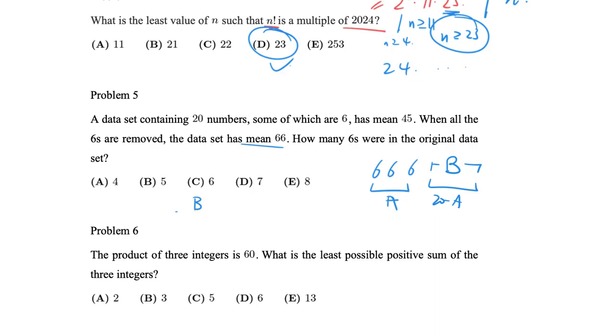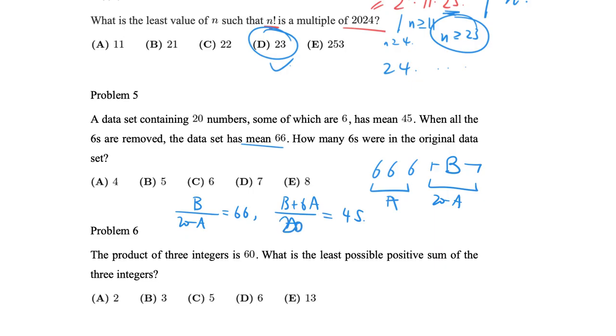That's basically B over 20 minus A is 66. We also know that the 20 numbers have a mean of 45. So actually let me write this, keep the same form. We have B plus 6A over 20 is equal to 45. Oh, sorry, this is 20.